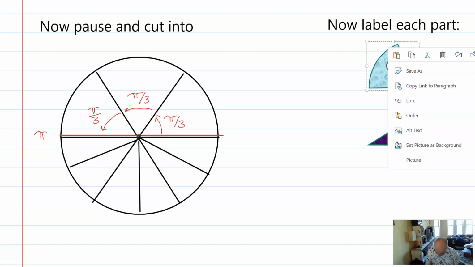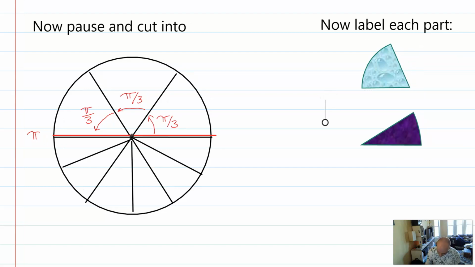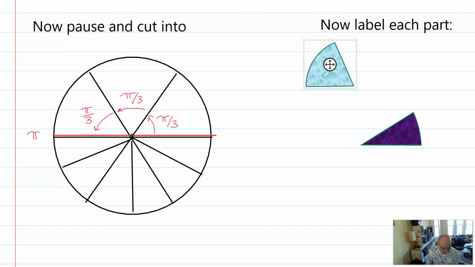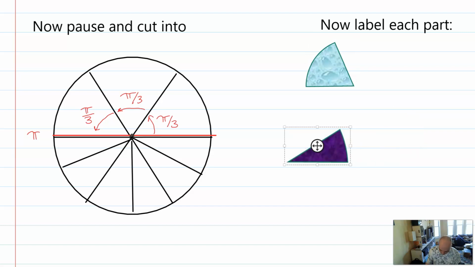Pi over 3 is equivalent to 180 over 3, which is 60. So on your pi over 3 piece, maybe on the back or on some other side, or just in your notes, you can make a note that that is equivalent to 60 degrees.